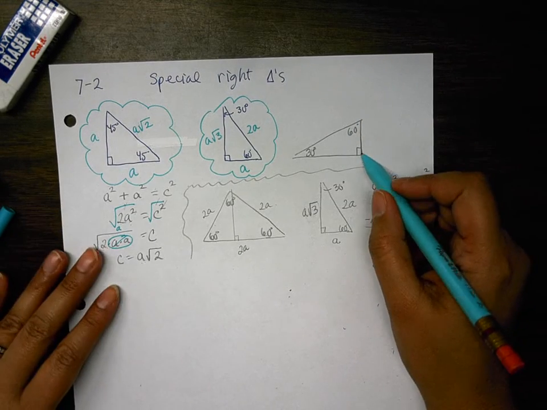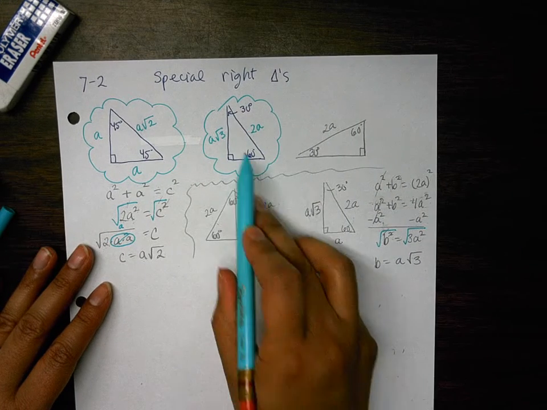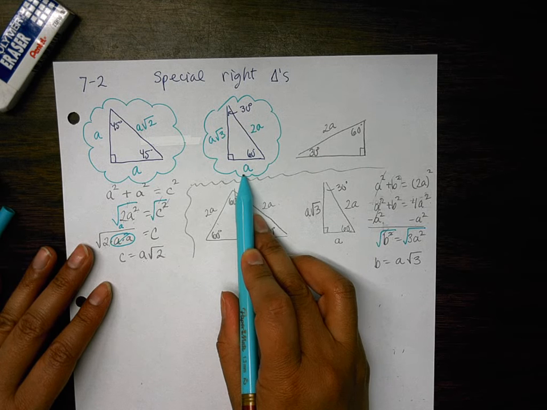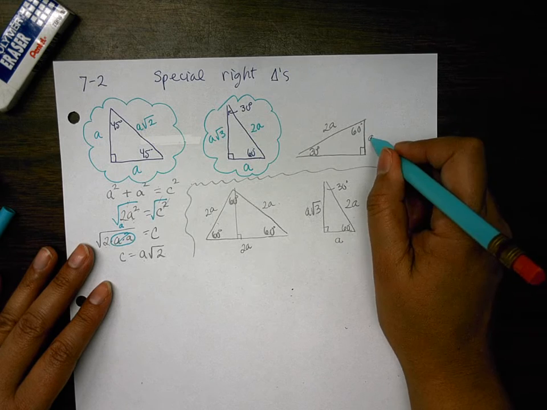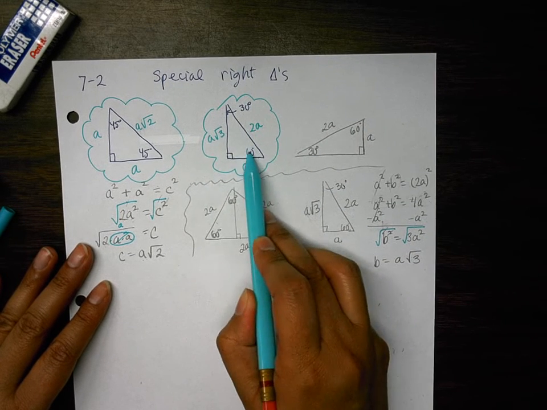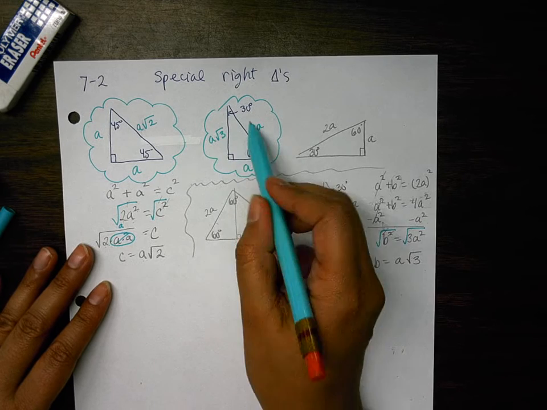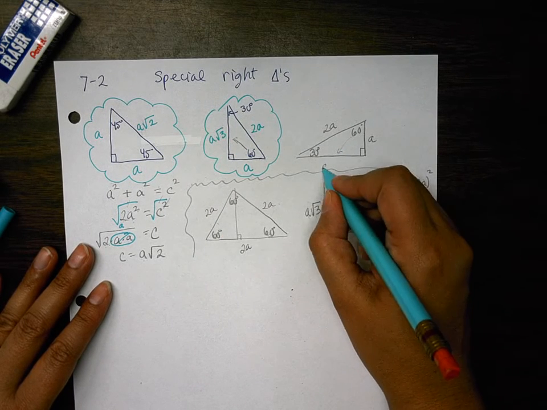The hypotenuse is always 2A, and opposite the 30 is always what? A. So go to your 30, go opposite, and this is the side I'm going to call A. Opposite the 60 is always what? Opposite the 60 angle. So I go to the 60, opposite the 60 is? A root 3.